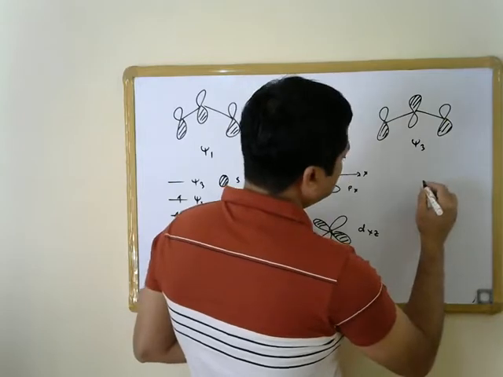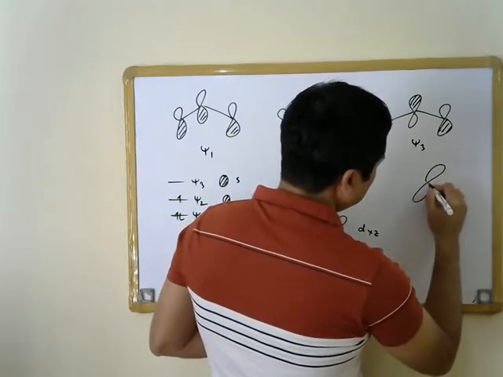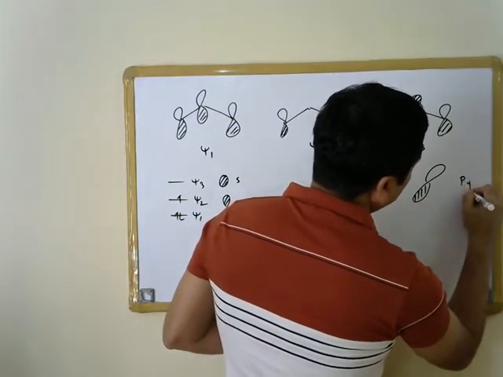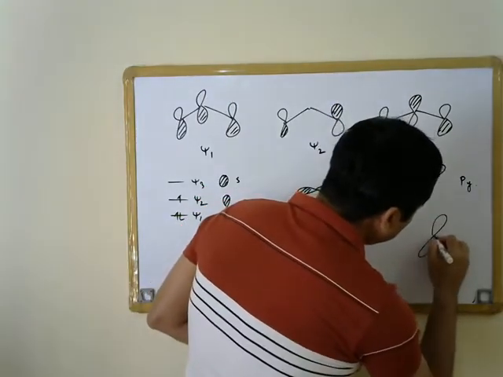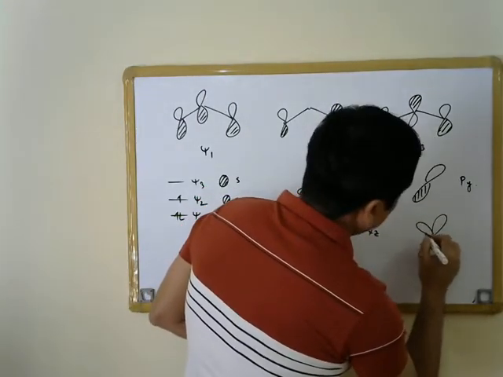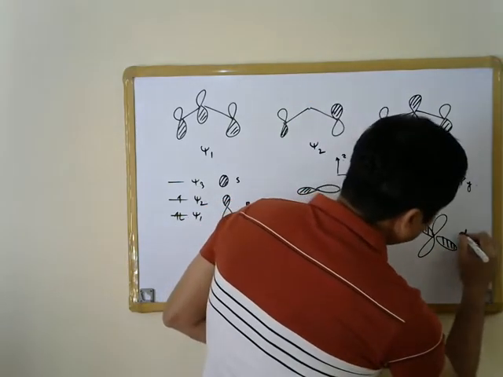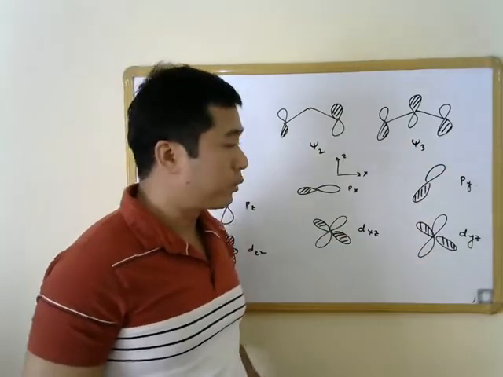And then for psi3 we can figure out that the py atomic orbital of the metal, as well as dyz, that is the yz atomic orbital on the metal, will be able to interact with psi3.